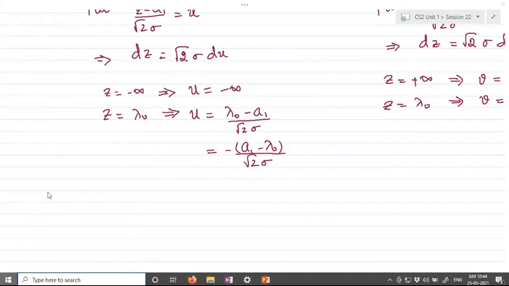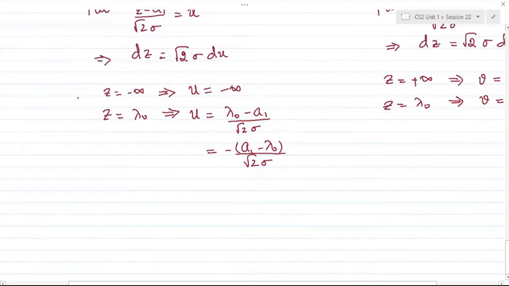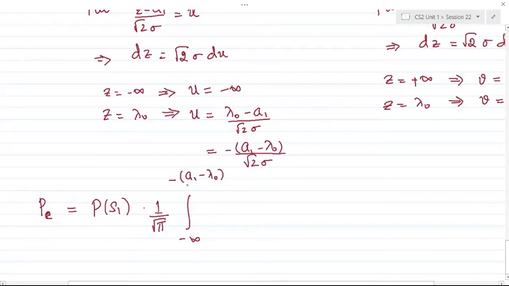the probability of error P of E, that's what we had represented. This will become probability of S1 times 1 over root pi. The root 2 sigma in the denominator of the Gaussian distribution gets cancelled. The limits are from minus infinity to the upper limit, a1 minus lambda naught over root 2 sigma, times exponential of minus u square du.